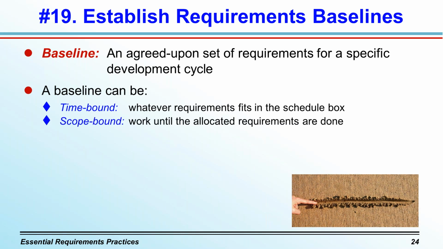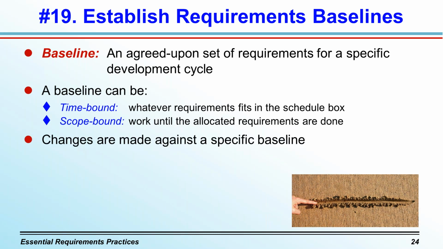In contrast, a scope-bound baseline consists of a logically grouped set of features, requirements, or stories that can be built, tested, and deployed together and are approved as a unit. With a scope-bound approach, you establish the requirements baseline without necessarily knowing its size or delivery schedule.